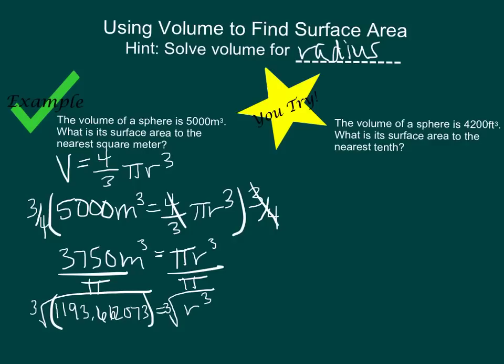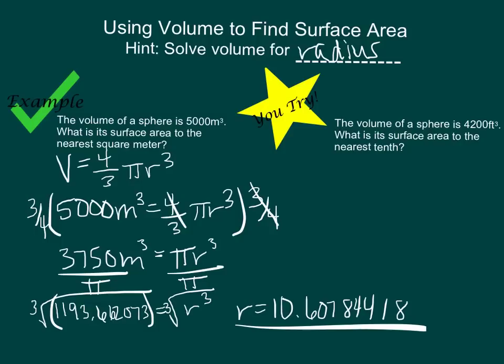So you are going to hit the number 3 because that's the root you want to take, then the second button, your caret button, which puts it into cube root form. Then you're going to type in that whole number, 1193.662073, enter. It gives you that your radius is approximately 10.607844418. That's my radius. So we're almost done.